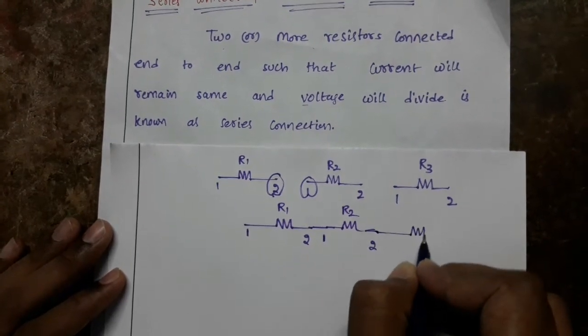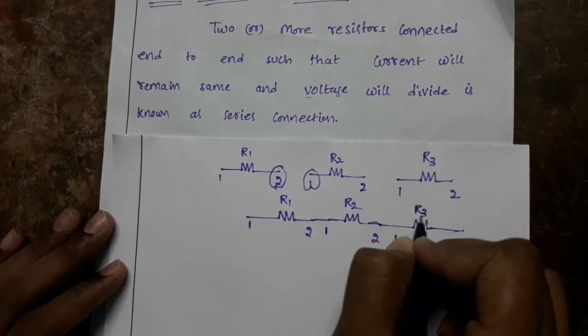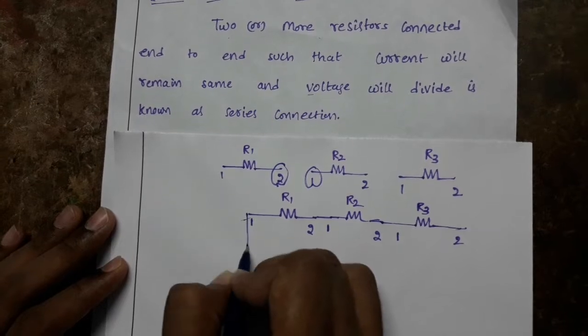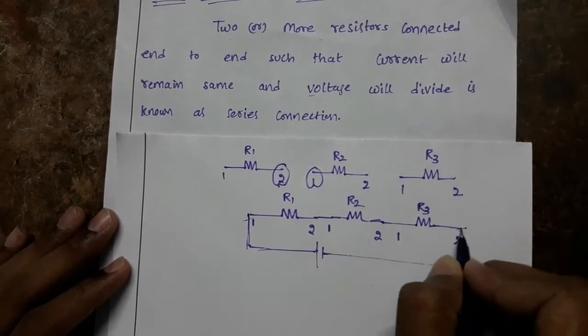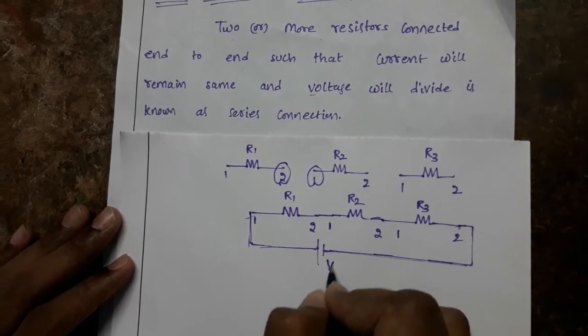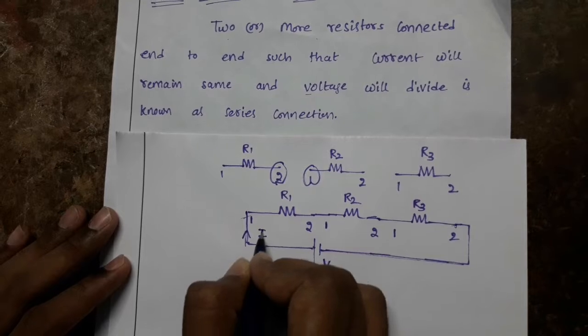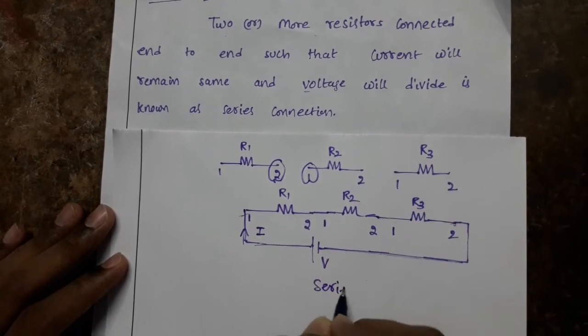This is R3 resistance, terminal 1 and terminal 2. We will apply the voltage over here. As this is a closed path, the current will flow through it. This is the series connection of the resistance.